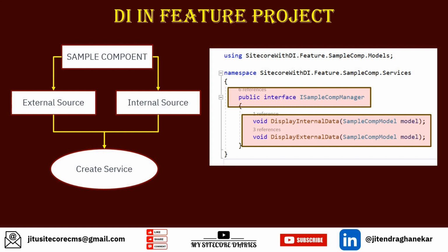Now don't go with the logic here, just understand that there will be two methods. Depending on your requirement, it may return some model, or may require some parameters. So you will create an interface which has two methods, one for the external source and another for the internal source.